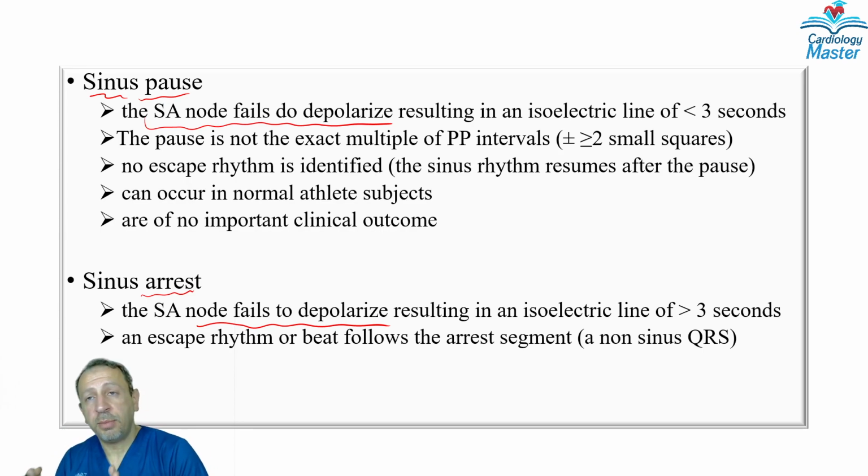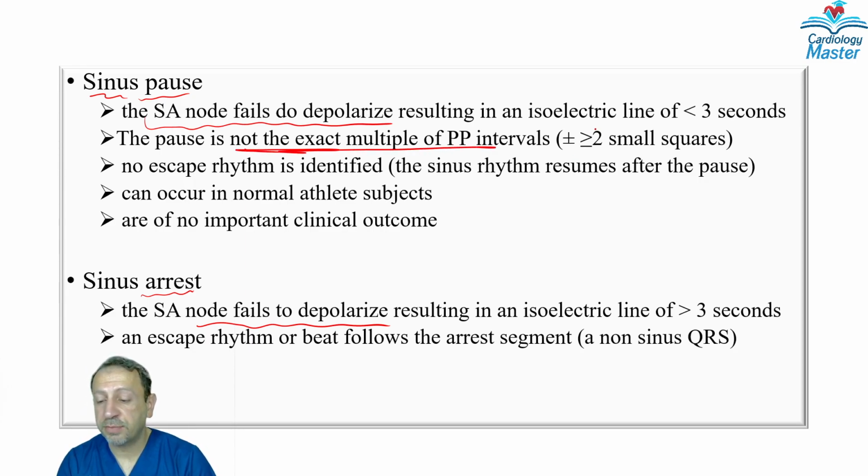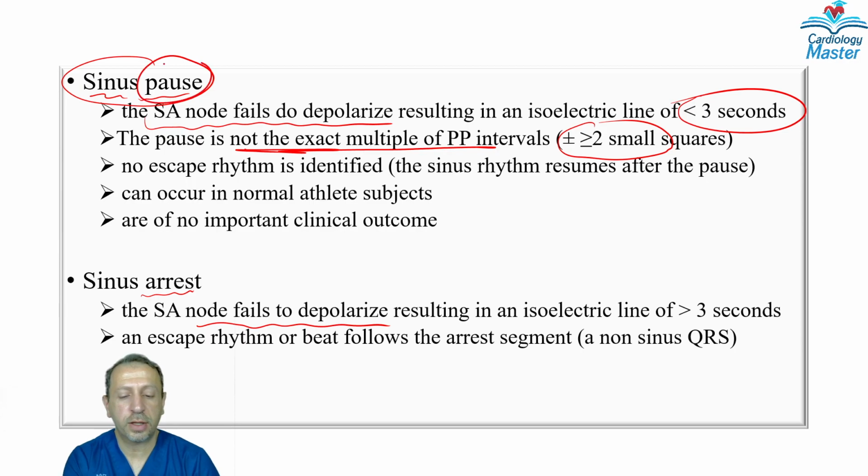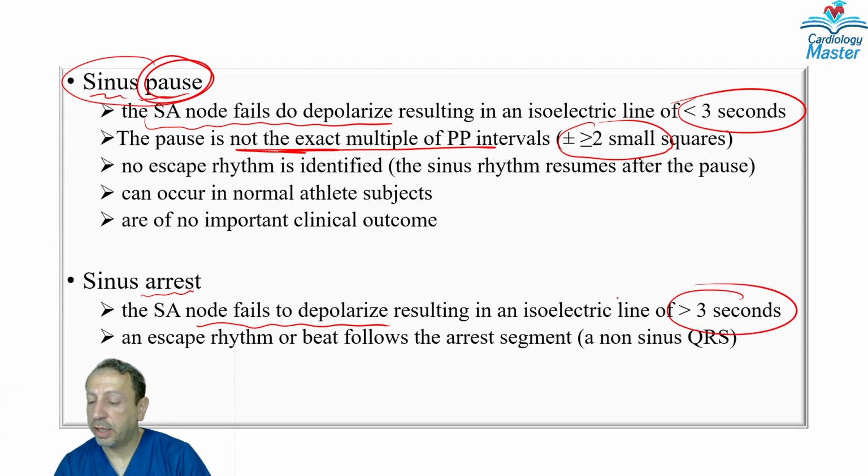If it is the exact number of the PP interval, then this is an exit block. If it is not the exact multiple of the PP interval, plus or minus 2 small squares, and the pause is less than 3 seconds, this is a sinus pause. If it is more than 3 seconds, this is an arrest.